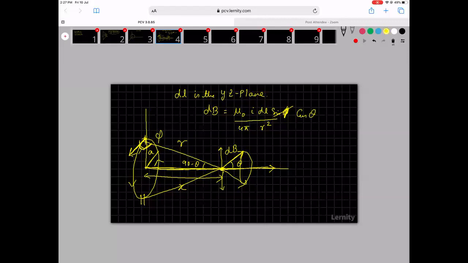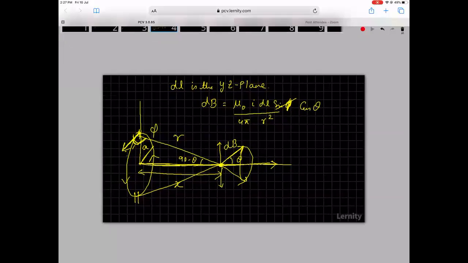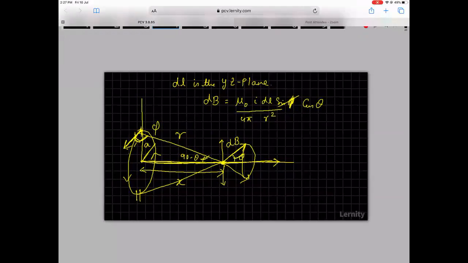Now, if we are talking about cos of this angle, we will have to talk of the sine of this angle and the sine of that angle. So we can now say that the dBx component is equal to mu naught by 4 pi I dl a divided by (x square plus a square) power 3 upon 2. This is the x component of the magnetic field.